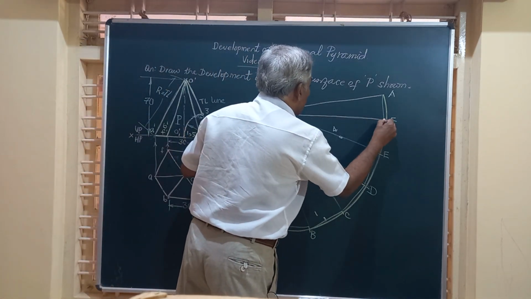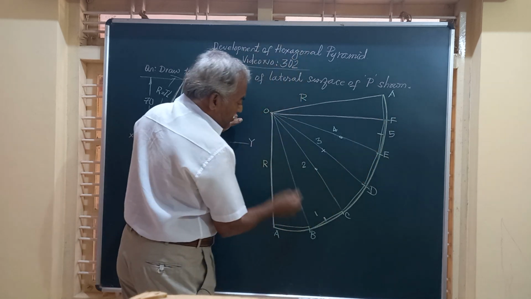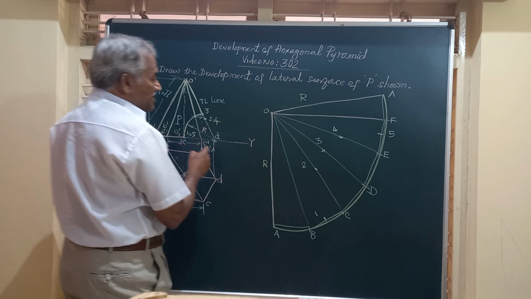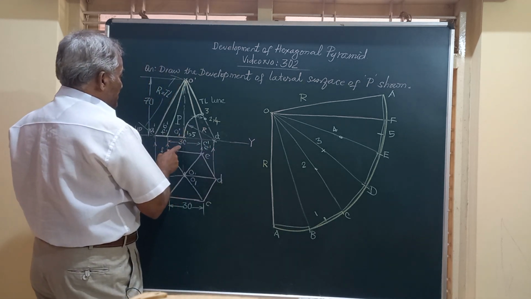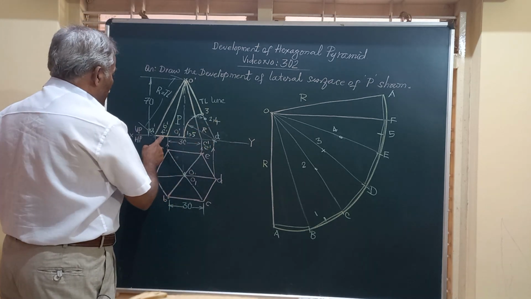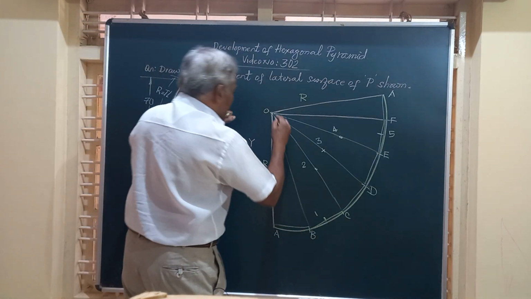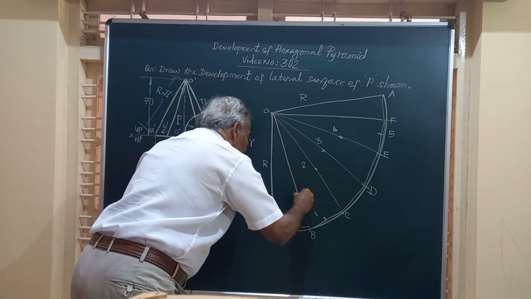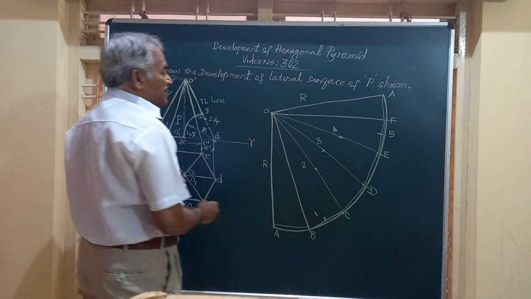This is a point over OB and OF. So OB is here. I will join these two by a straight line. This is the remaining edge on that.